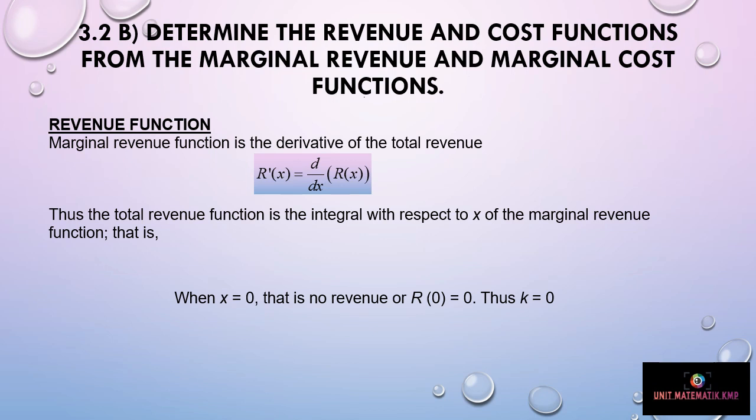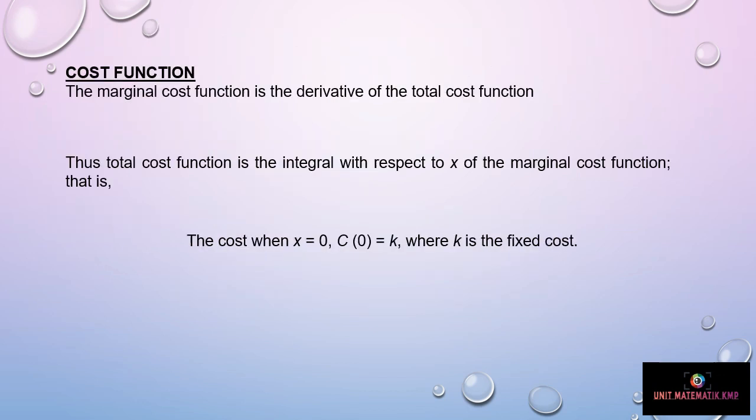That is, the total revenue is the integration of marginal revenue, and we will get R(x) plus K. When x equals 0, that is no revenue, or R(0) equals 0. Thus, K equals 0.